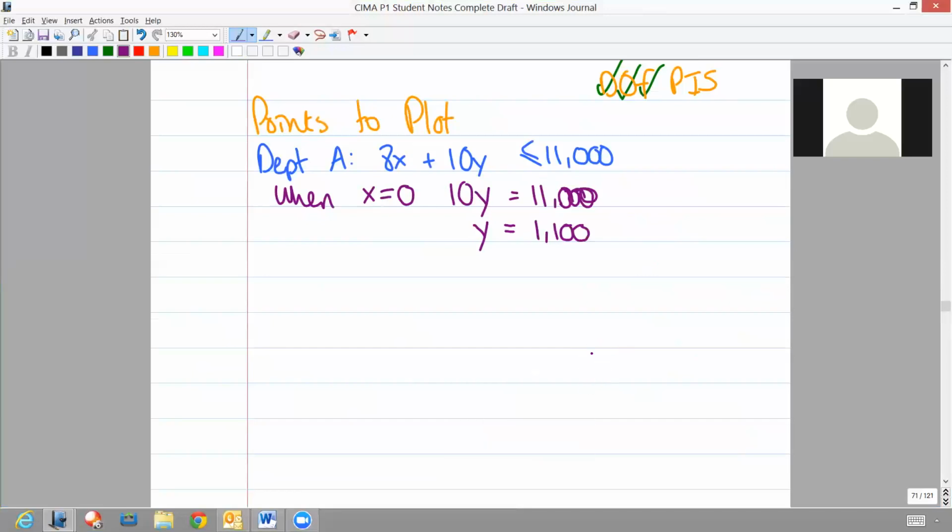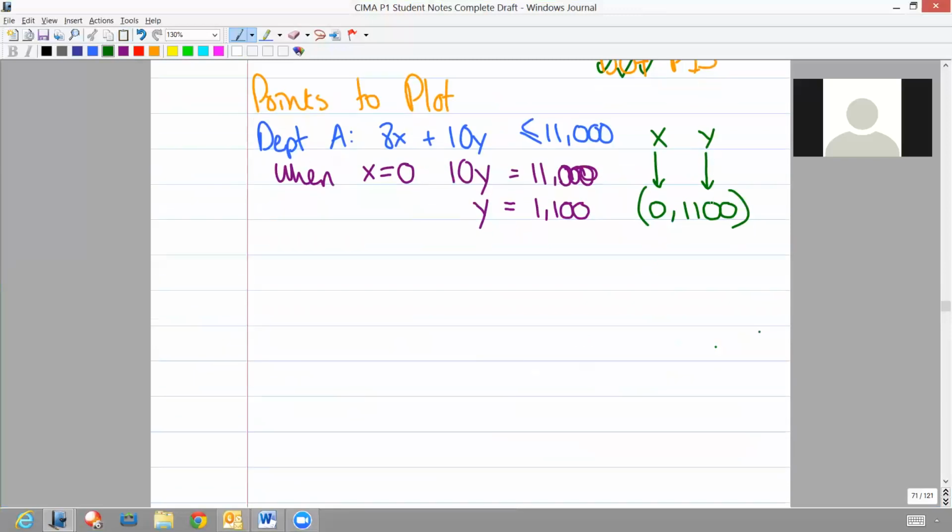And what that's done is given you a coordinate for your y-axis of 1,100. So these are your x coordinates and these are your y coordinates. Now what you need to do is flip that around to get your x coordinate and say, well, what happens if y equals 0?